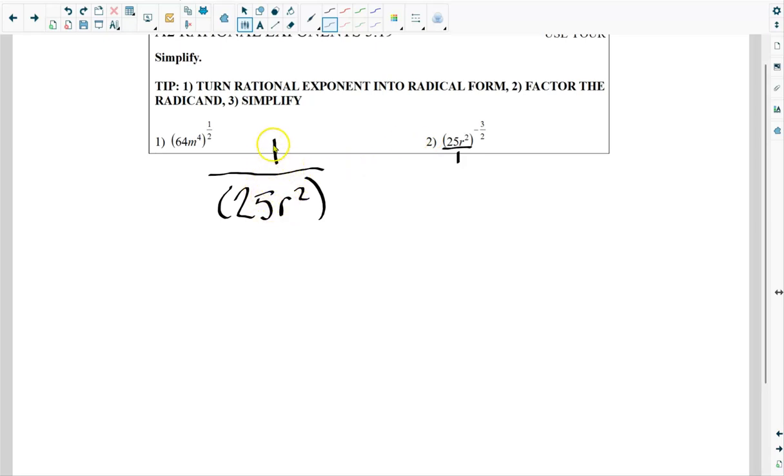It looks a little scary. All you have to do is work with this the way you always work with them. And don't forget to write it in fraction form. So this is now just 3 halves. Okay? So I'm going to do what I do down here. Don't let the whole fraction intimidate you.